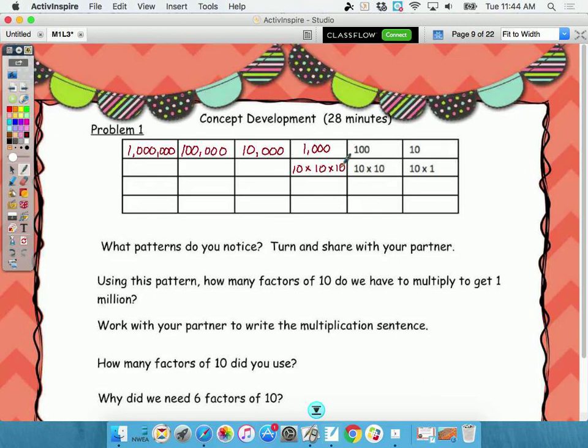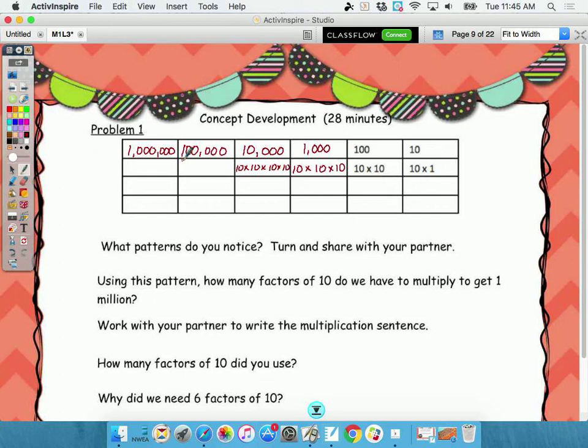Now, Jarrett, what do you think I'm going to write on the next one if I continue the same pattern? Okay, go ahead and put those 4 tens going across, and then I'll show you how to write in the next 2 boxes. In the next box, how many tens will I need? 5.